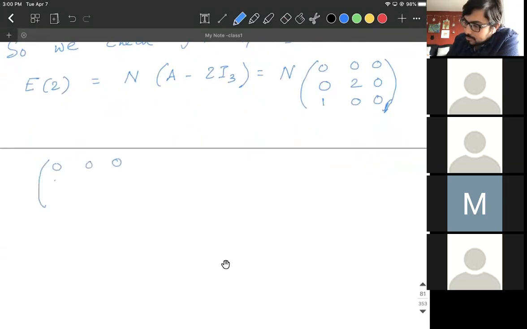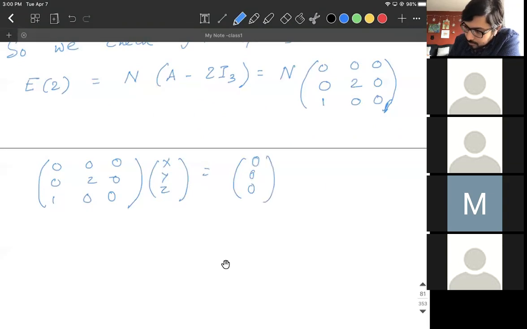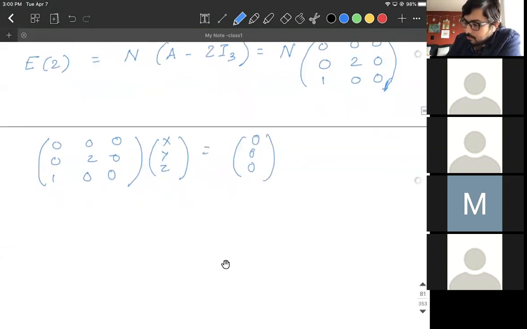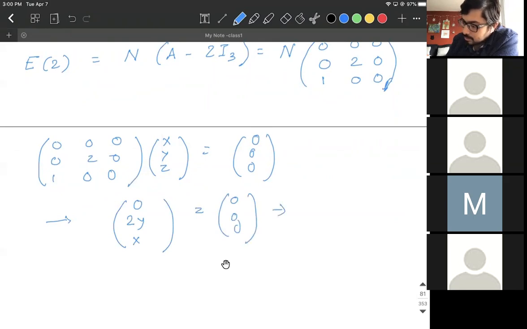So [0, 0, 0; 0, 2, 0; 1, 0, 0] times (x, y, z), if this is equal to the 0 vector. From the second equation, what you are getting is that y equals 0, and from the third equation, you are getting that x equals 0. So this means that (0, 2y, x) equals (0, 0, 0), which further means that y equals x equals 0.